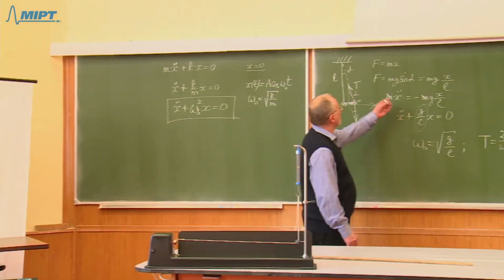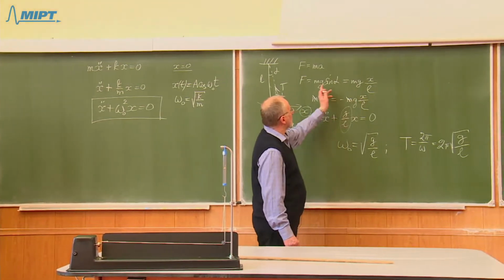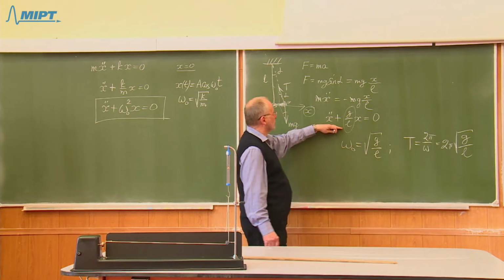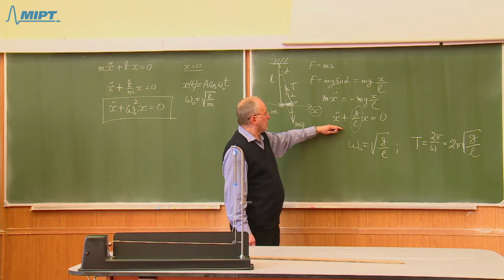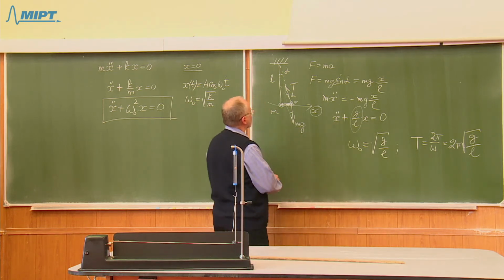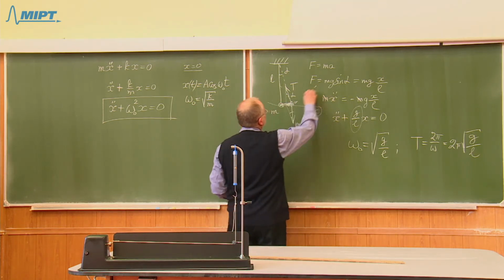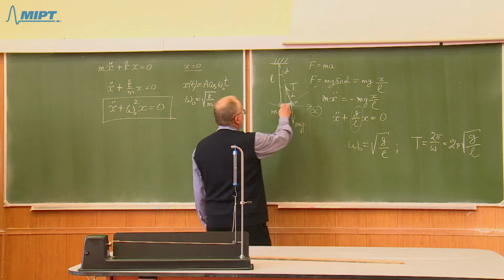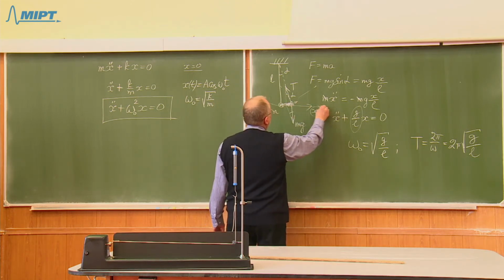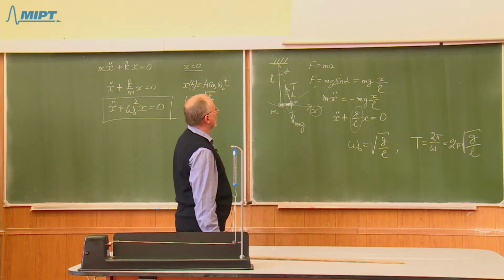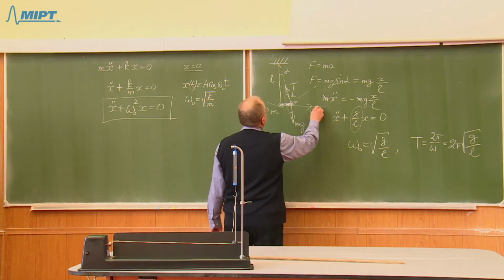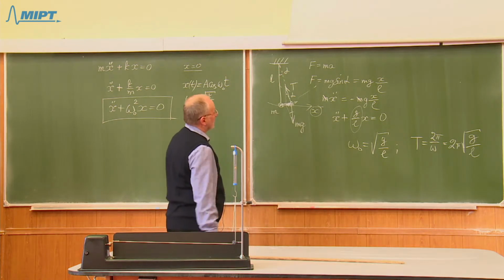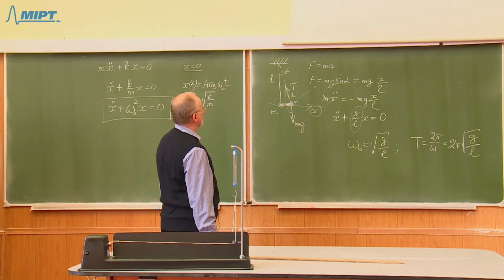And if that condition is broken, then the equation will not have this simple form. If I take into account the large displacements, then what is x? X is measured along the horizontal axis, and so sine alpha will not be equal to x divided by L. That will be a different situation.